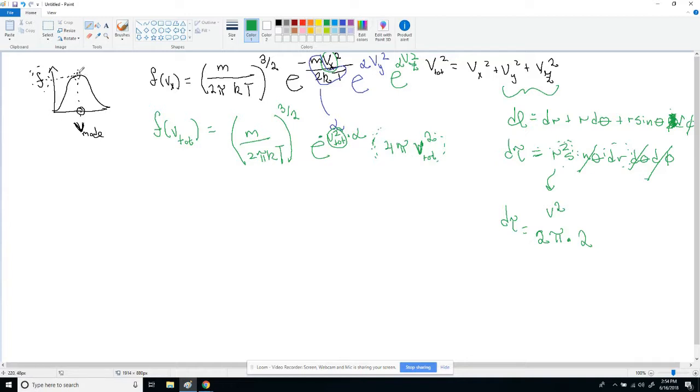Now, in order to find this point of zero slope, there's a calculus trick that we can do. It's called setting the derivative equal to 0. So here we have d by dv total of f, this function over here. Let's pull out everything that doesn't have a relation to v.